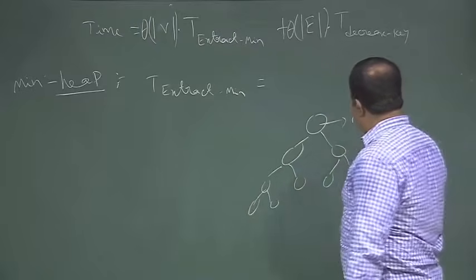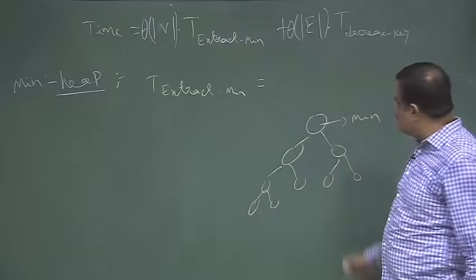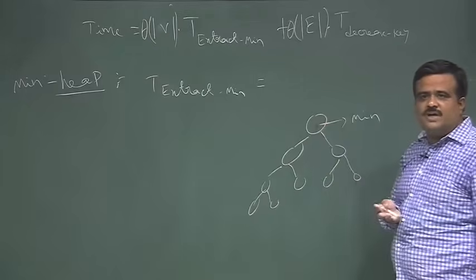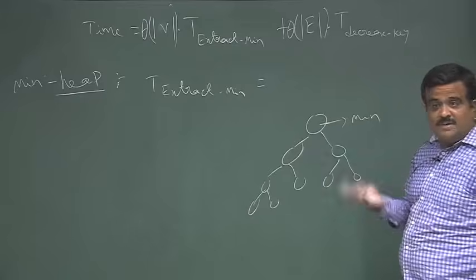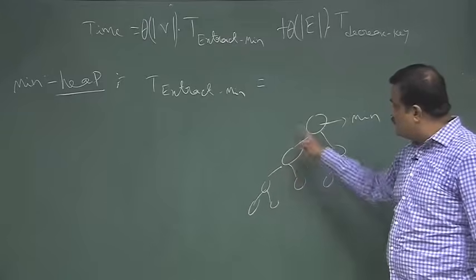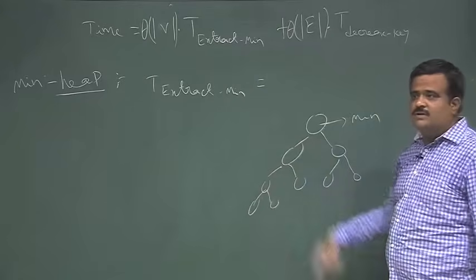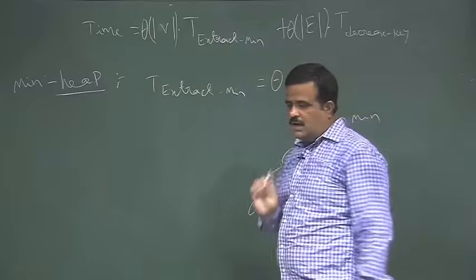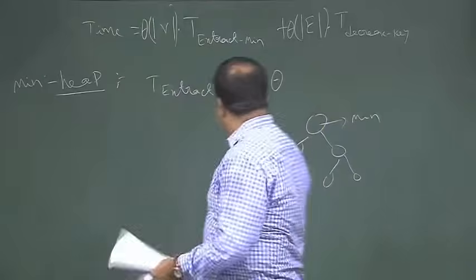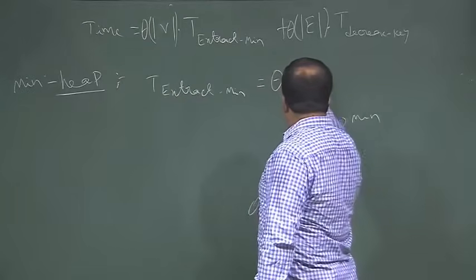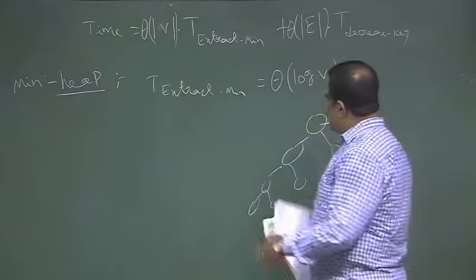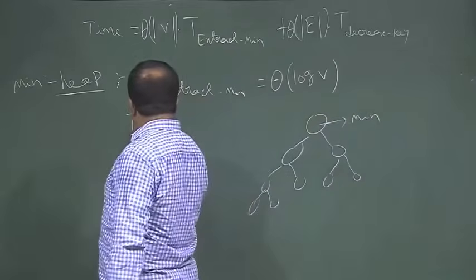Now, we need to extract this. To extract it, we can swap it with the last element, and that will destroy the min heap property, so we have to heapify again. That will take log n time. So, it is basically order of log V. Okay, so that is the extract min. Now, what about the decrease key?